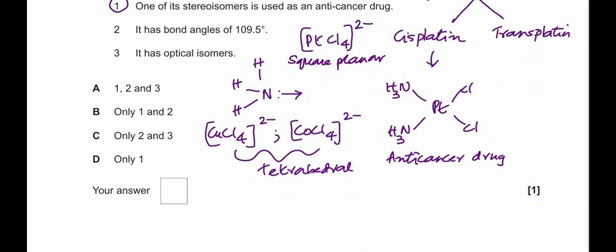The reason for this exception is due to platinum, and that is beyond the OCR A-level chemistry specification. We will be learning that when you go to an undergraduate course in chemistry.